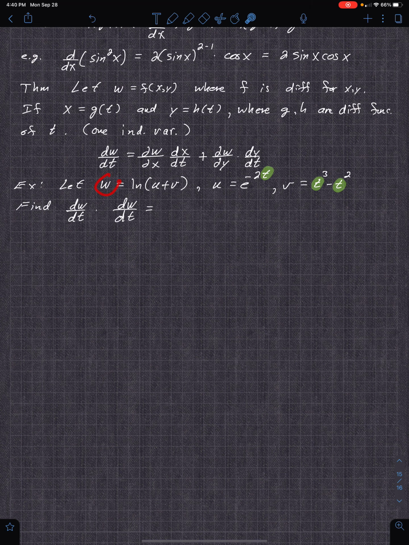So you do partial w with respect to u, then du dt, plus partial w with respect to v times dv dt. So that's what it looks like. So dw dt is partial w with respect to u du dt plus partial w with respect to v dv dt.